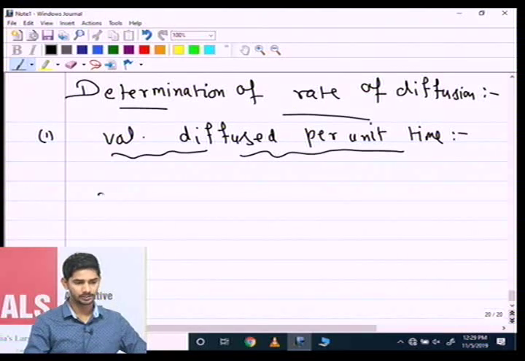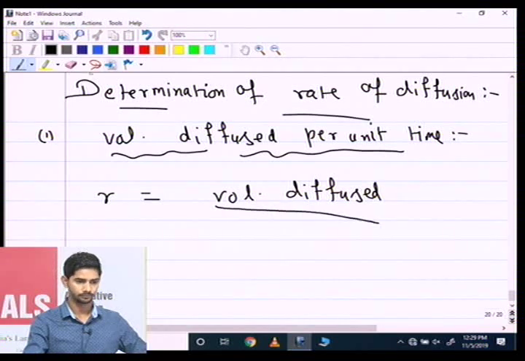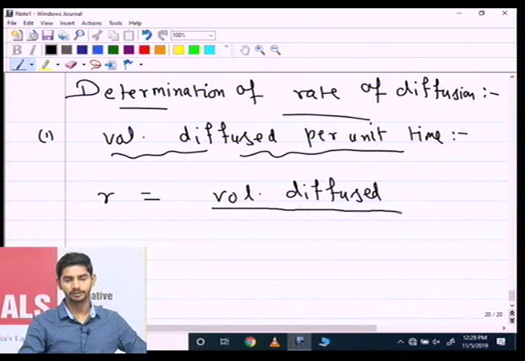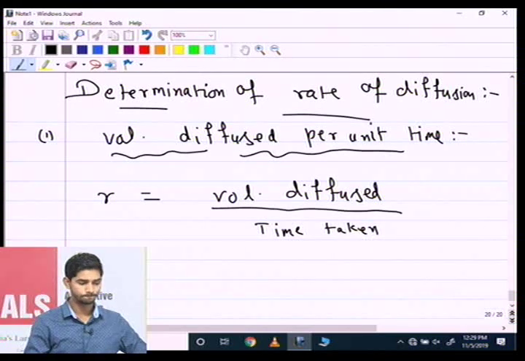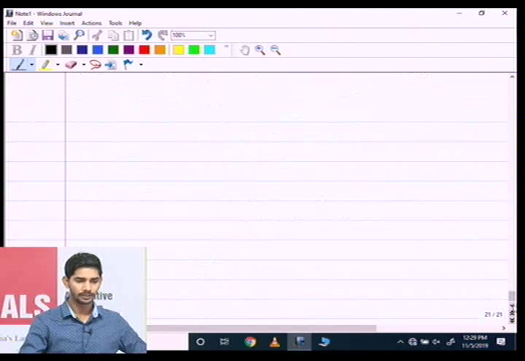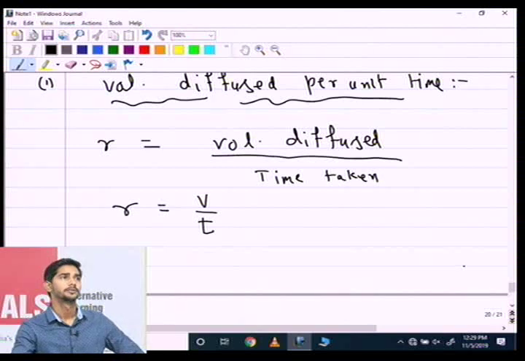So here, rate is volume diffused upon time taken. So R is V by T. Now I have to just use it. First of all, copy this one. Copy this quickly.